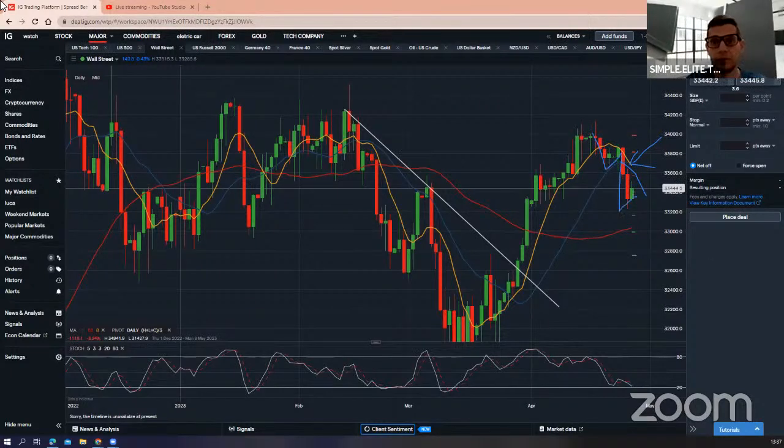Let me clear this again. When it pushed higher, we found resistance at this level here. It's already breaking this previous swing low. So let's see if it's going to retrace and then develop a nice downtrend.